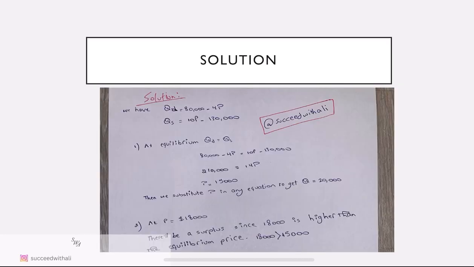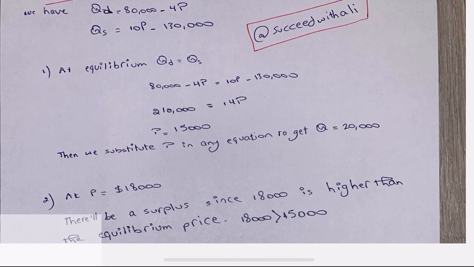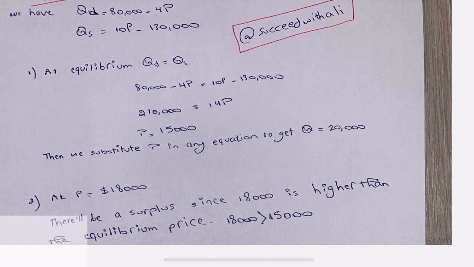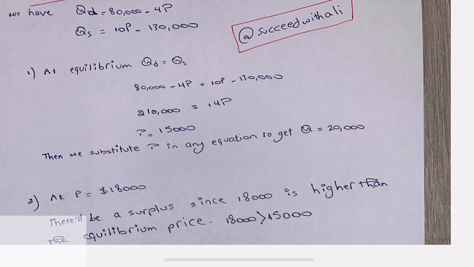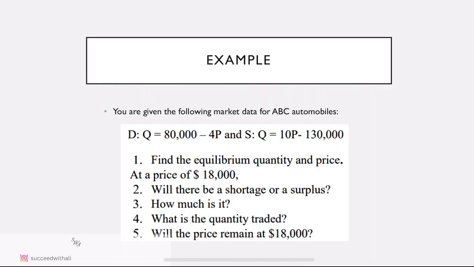So at P = $18,000, there will be a surplus, since 18,000 is higher than the equilibrium price. How much is that surplus?